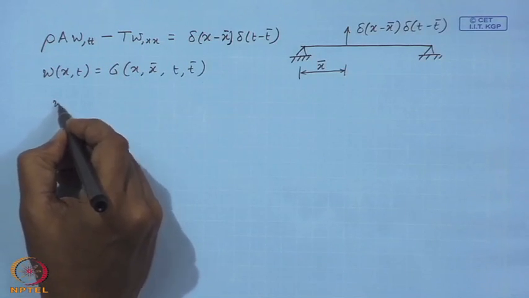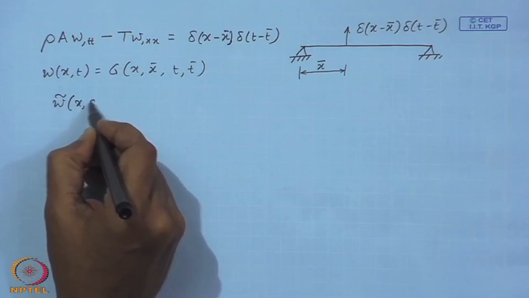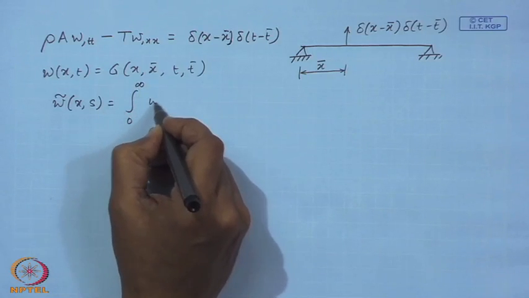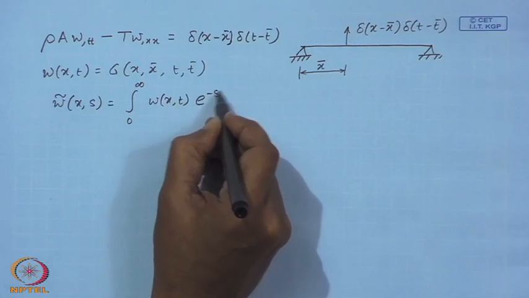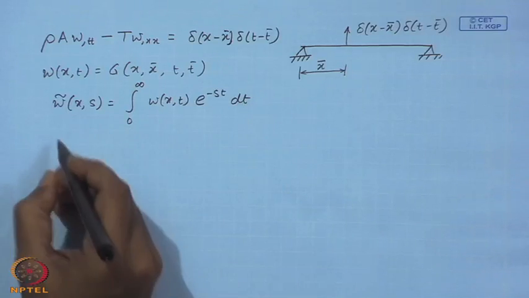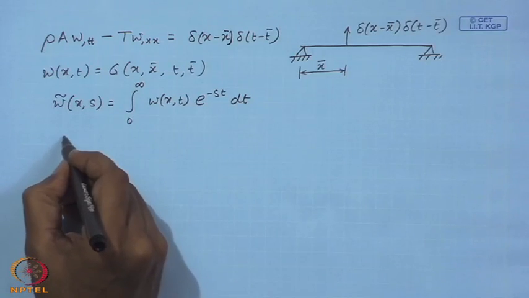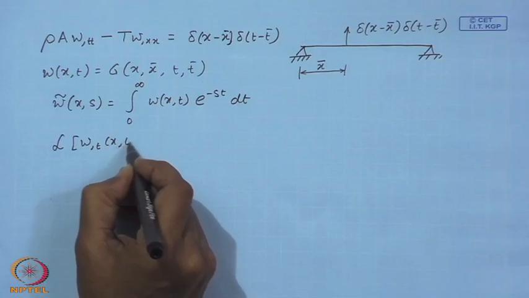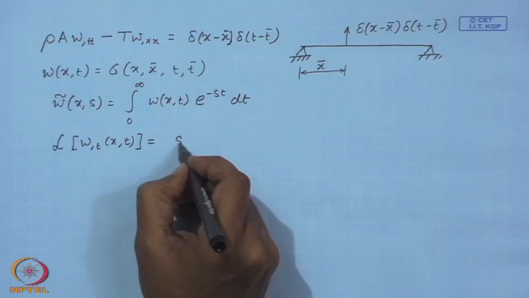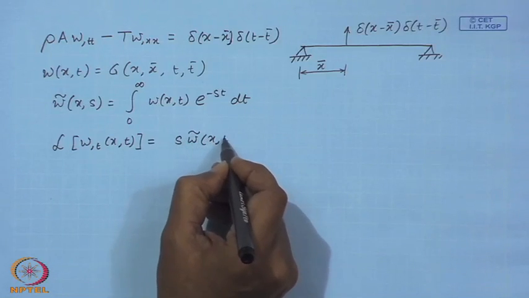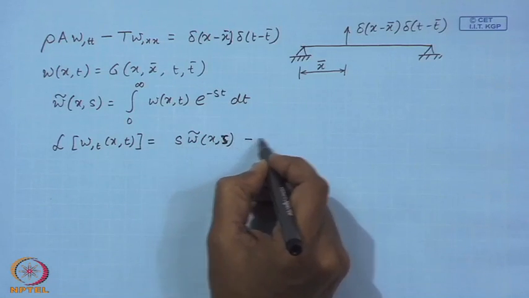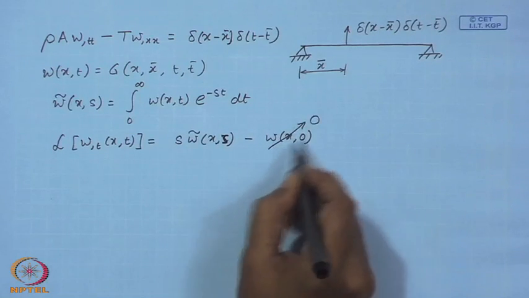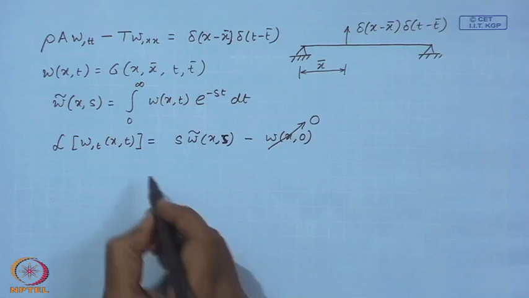So, we define the Laplace transform as follows, and we know that the Laplace transform of the second derivative has a term here which is 0 because the initial conditions are 0.